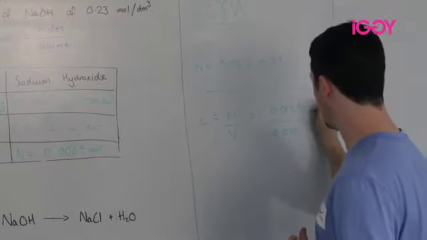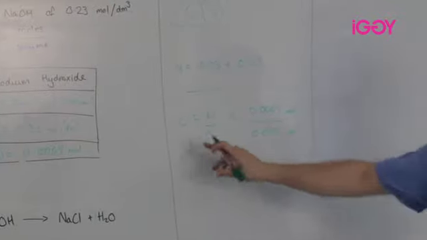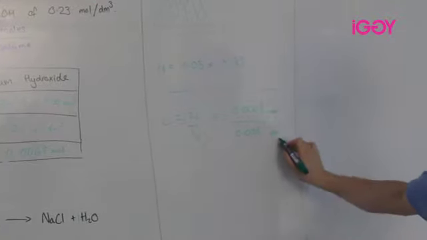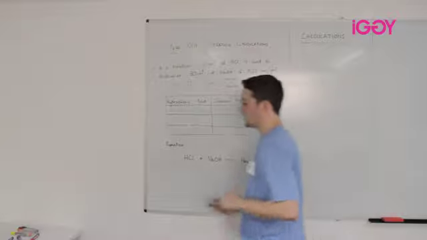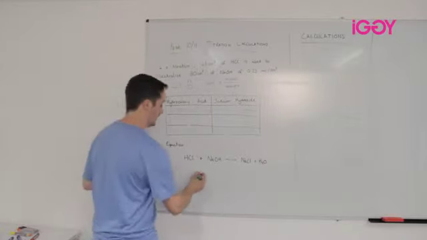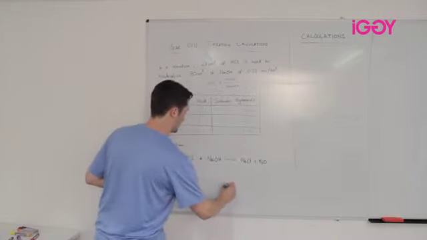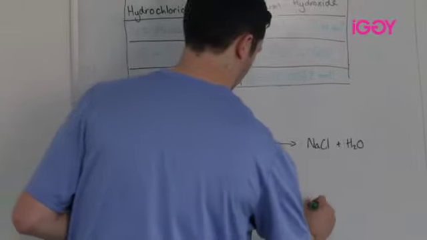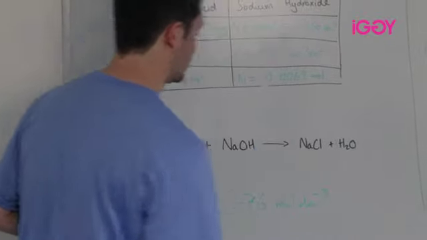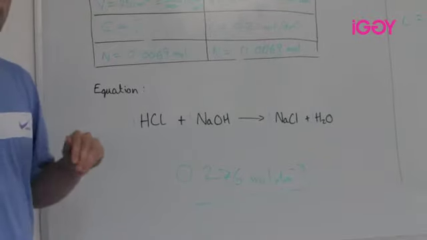The units there are moles and decimetre cubed, so you can see how this becomes a concentration, moles per dm cubed. If we do that calculation, our answer comes out at 0.276 moles per dm cubed. And that would be our concentration.